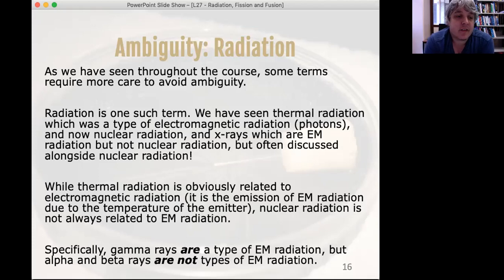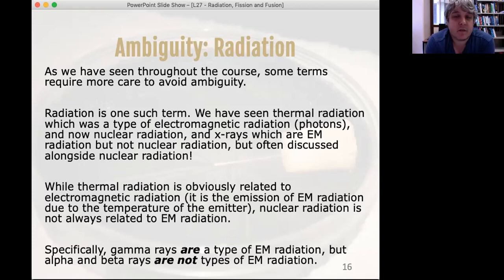Thermal radiation is obviously related to electromagnetic radiation, which is light. So it is the emission of electromagnetic radiation due to the temperature of the emitter. Just like we've been talking about, alpha, beta, and gamma particles are only called that if they come from nuclear decay. Thermal radiation is only called that if it comes from an object as a result of it having thermal energy.